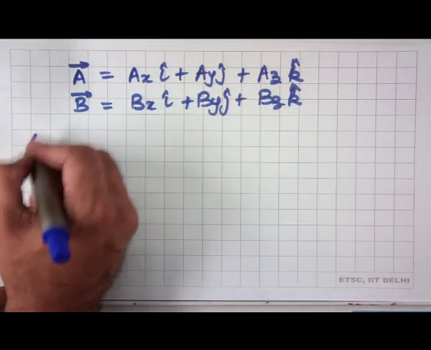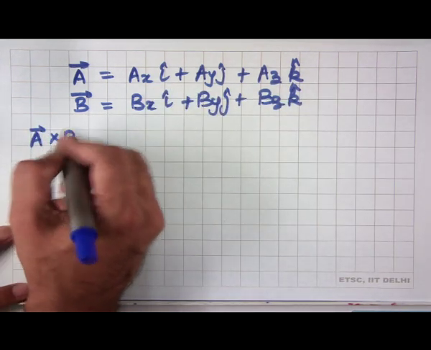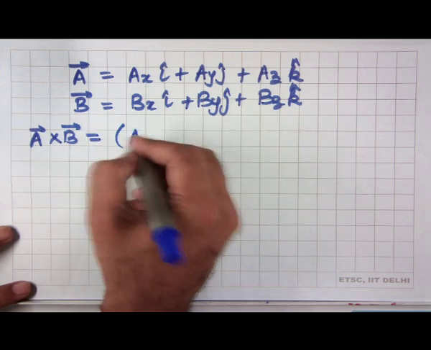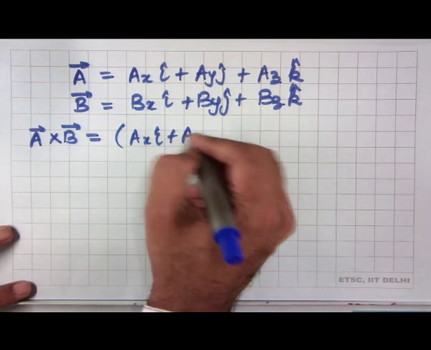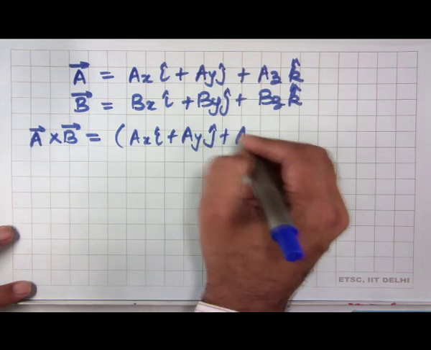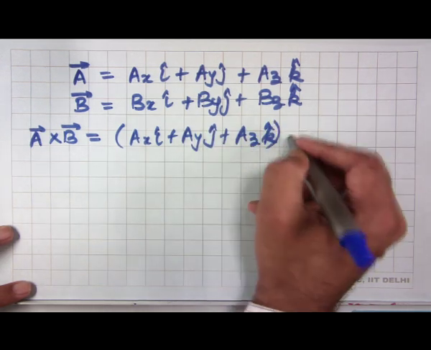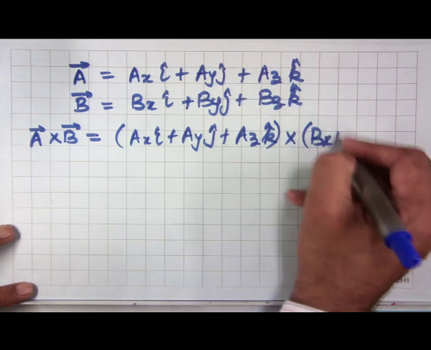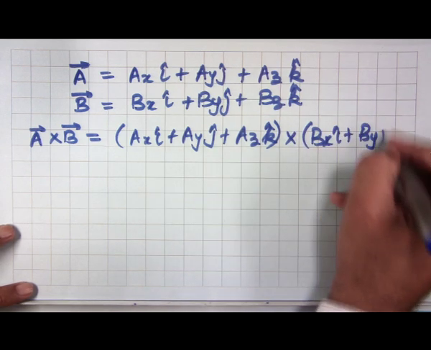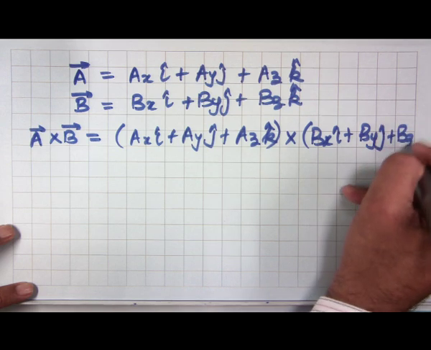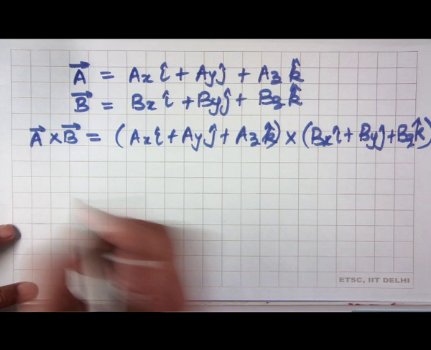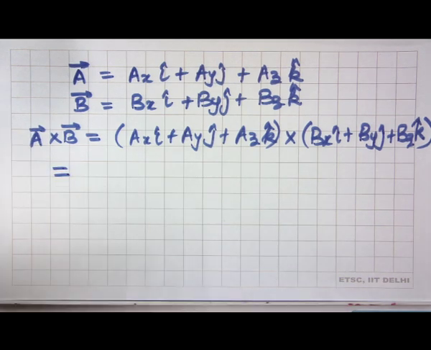Then we can write A cross B as AXi plus AYj plus AZk crossed with BXi plus BYj plus BZk, and we can expand this.